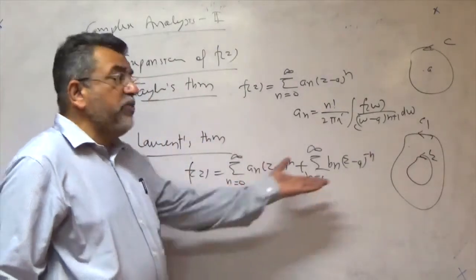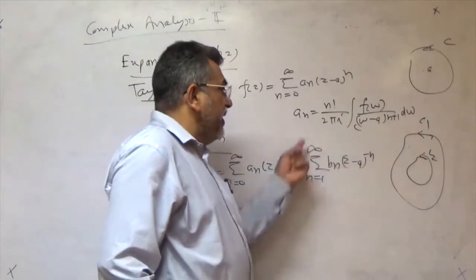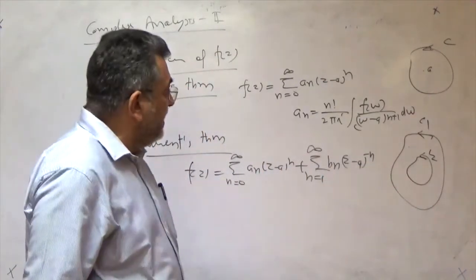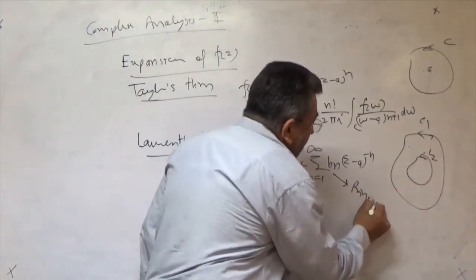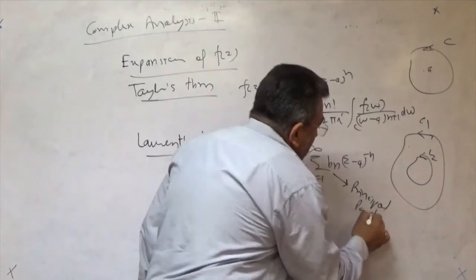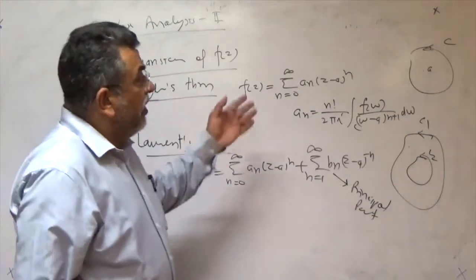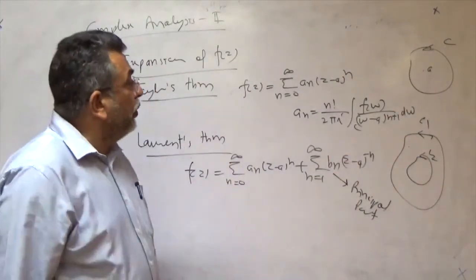This is the other expansion of an analytic function, and this is the similar part, but this part contains negative powers of z minus a up to infinity, and this is actually called the principal part of Laurent's theorem.